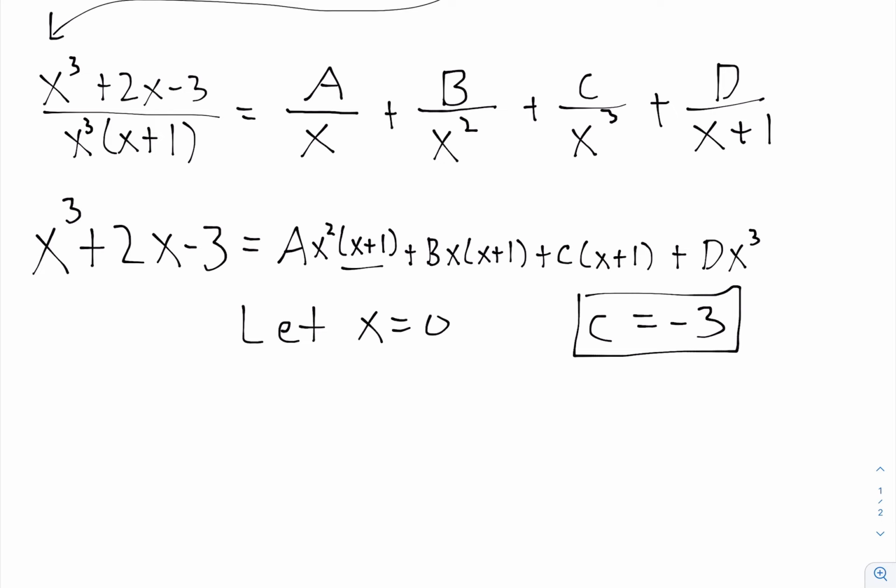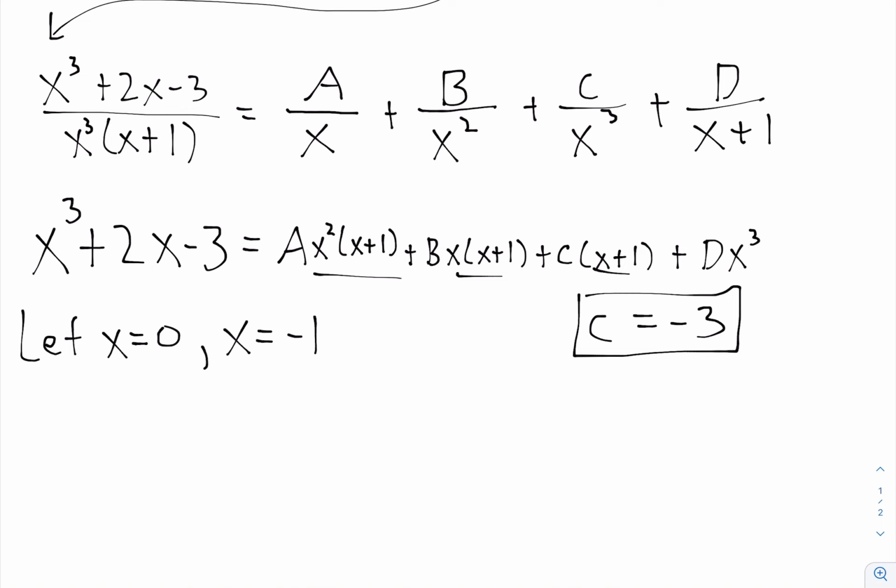Well, notice how all of them except one have a factor of x plus 1. If we said x was negative 1, then this term would be gone, this term would be gone, this term would be gone, and we'd be left with the last one.